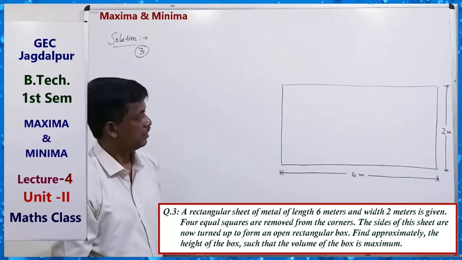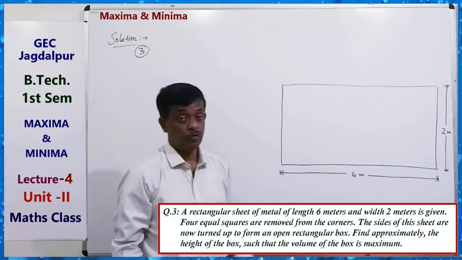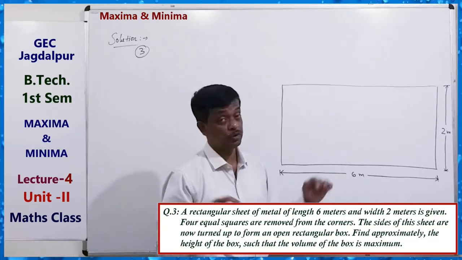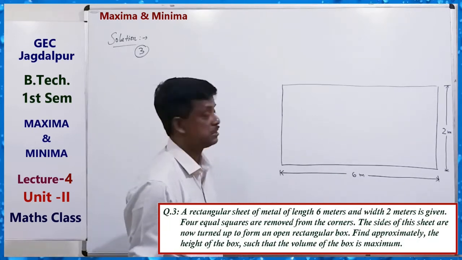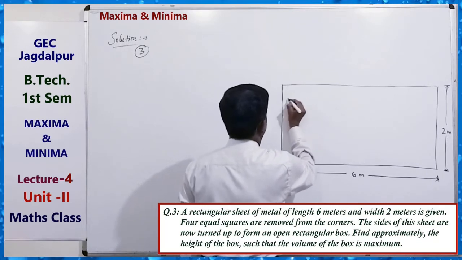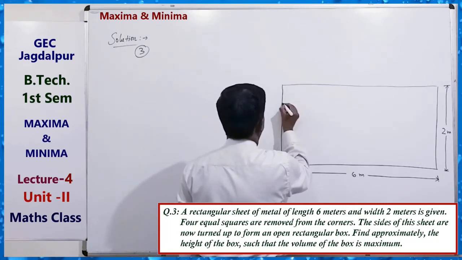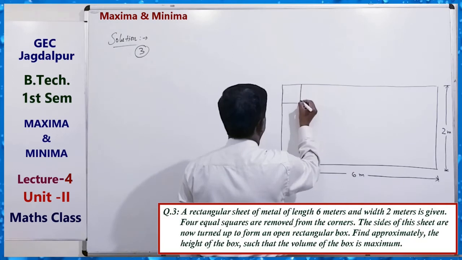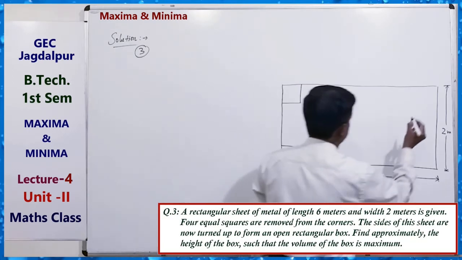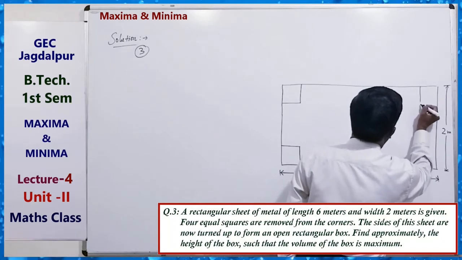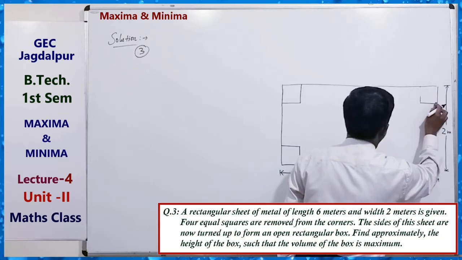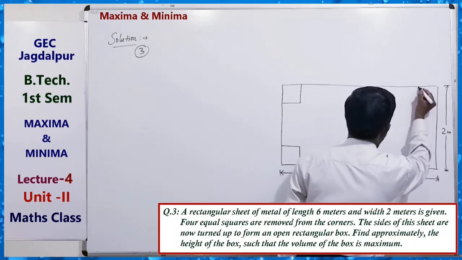Clear? And 4 equal squares are removed from the 4 corners. So suppose we are removing this part. Same part, you have to draw the same.